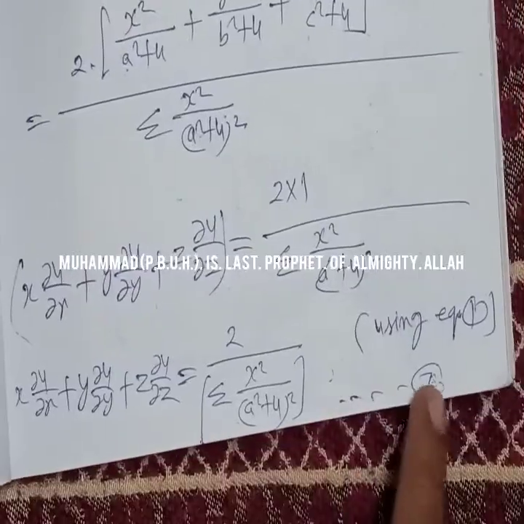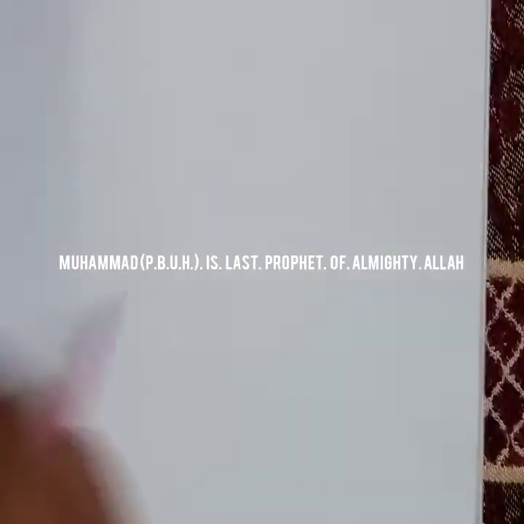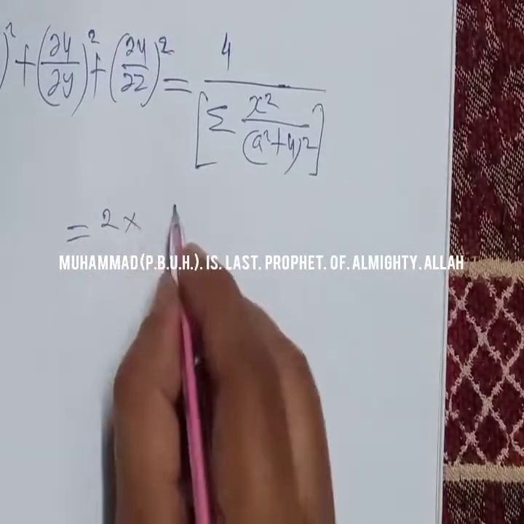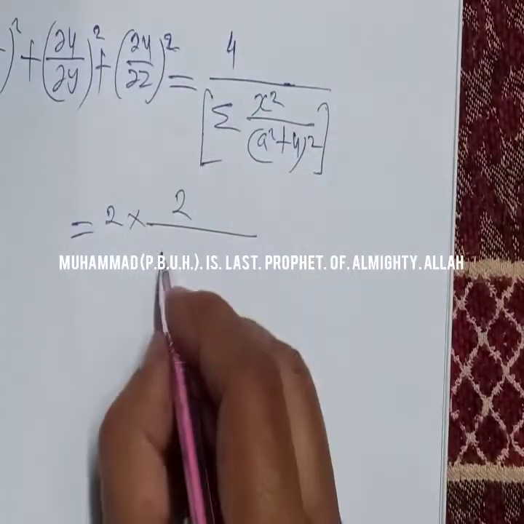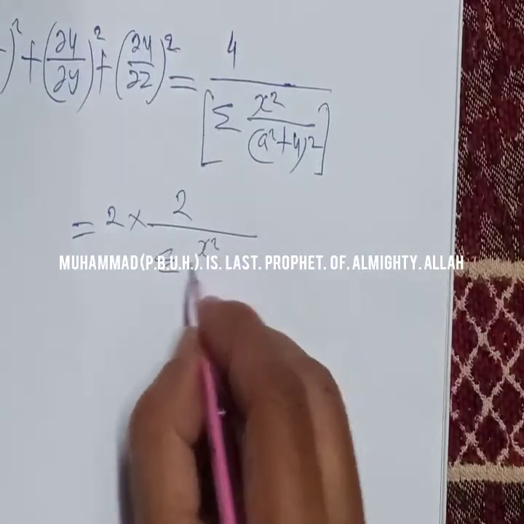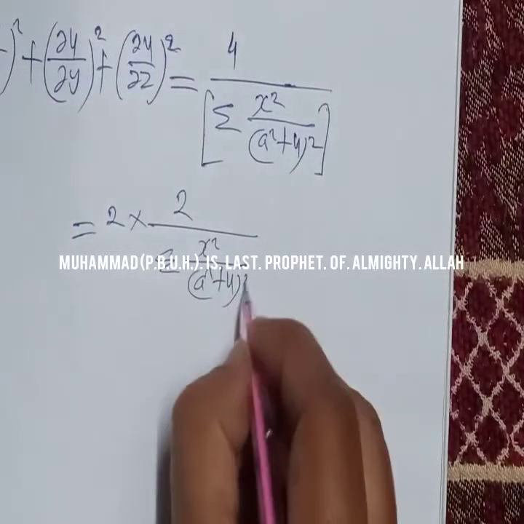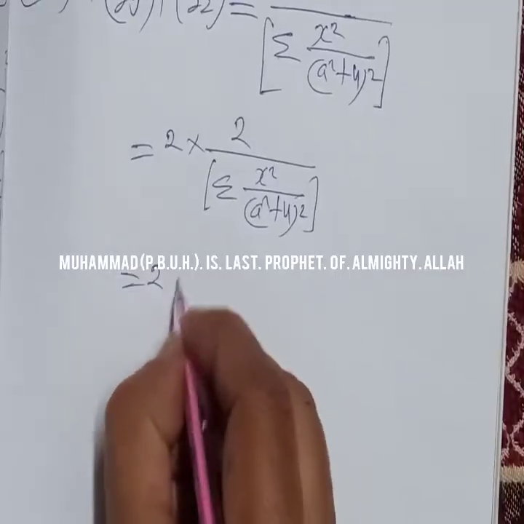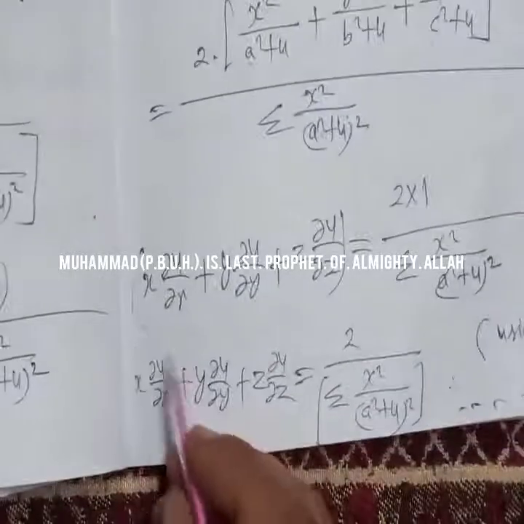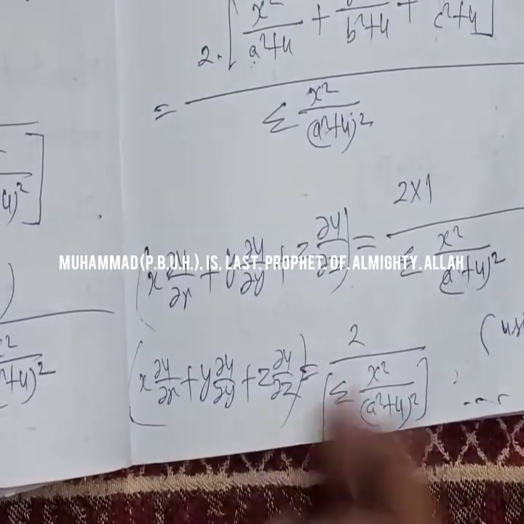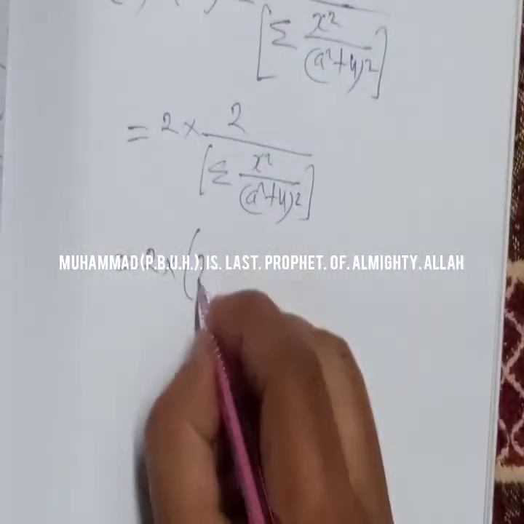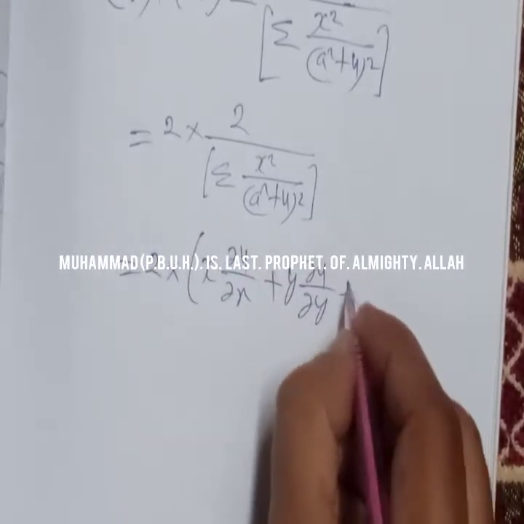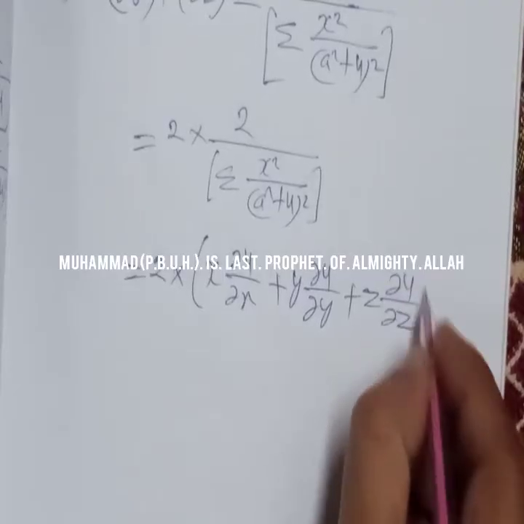I write it as equation number 2, and I will use here, because 4 we can write as 2 into 2, and 2 upon this value sigma x square upon a square plus u whole of square. It is value from equation number 2 is nothing but equal to this value, which is x del u over del x plus y del u over del y plus z del u over del z.